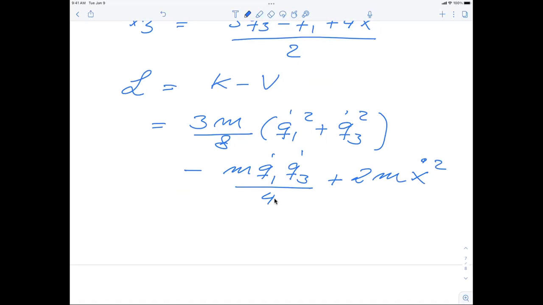Then comes the potential energy, which is now minus k divided by 2 times q1 squared plus q3 squared.